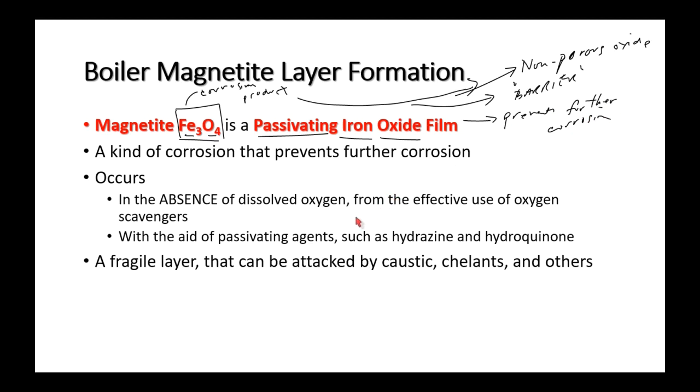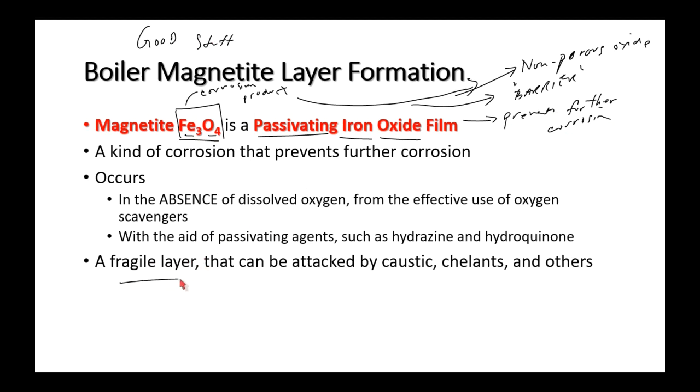So, what makes it come about? Well, we'll take a look at a couple of reactions for the formation of magnetite. We want magnetite, right? This is good stuff. We want it to be there. How does it form? We'll take a look in the next slide, I think.